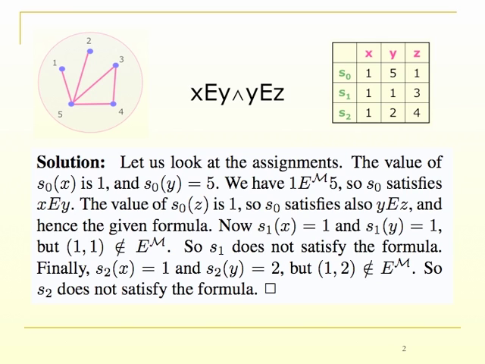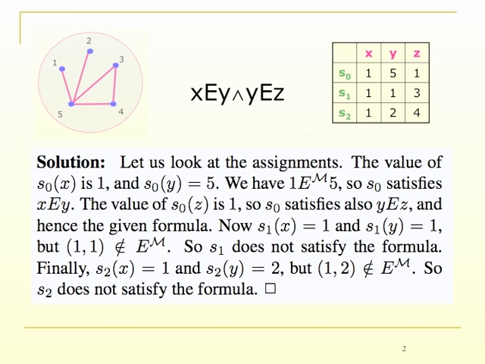So S0 satisfies XEY, which is the first conjunct. The value of S0Z is 1, so by symmetry S0 satisfies also YEZ. In graphs, the binary relation is always symmetric. So we conclude that S0 indeed satisfies the given formula.